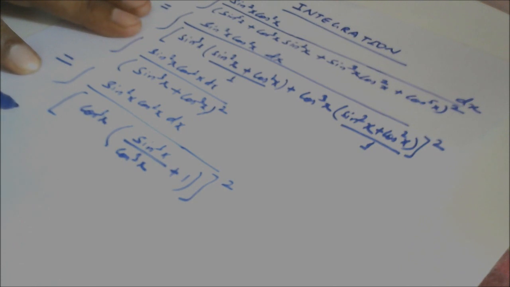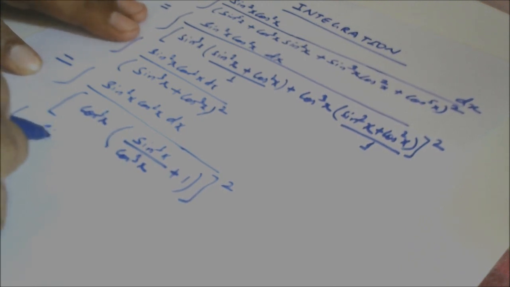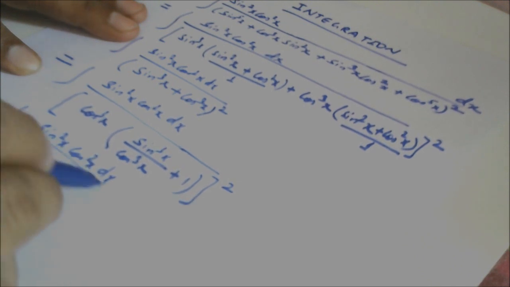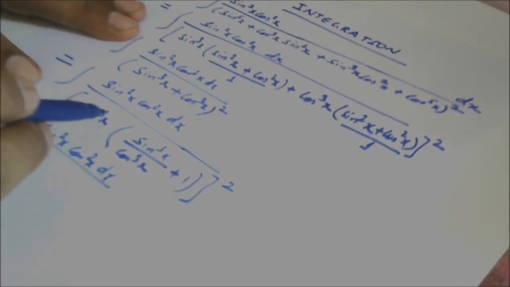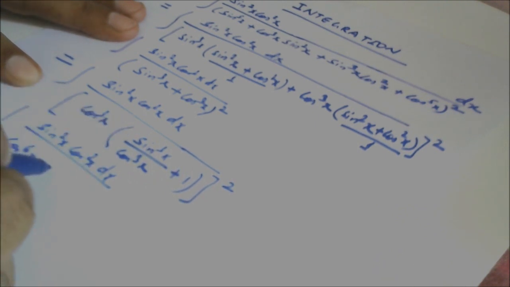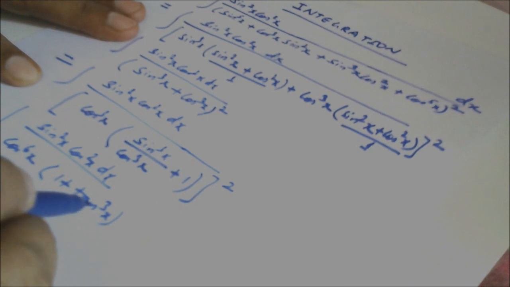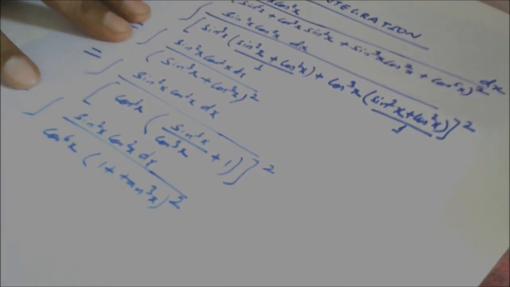Further, sin square x cos square x dx divided by, this cos cube x we take out from the square, so it becomes cos to the power 6x, and inside it becomes 1 plus tan cube x, whole square.